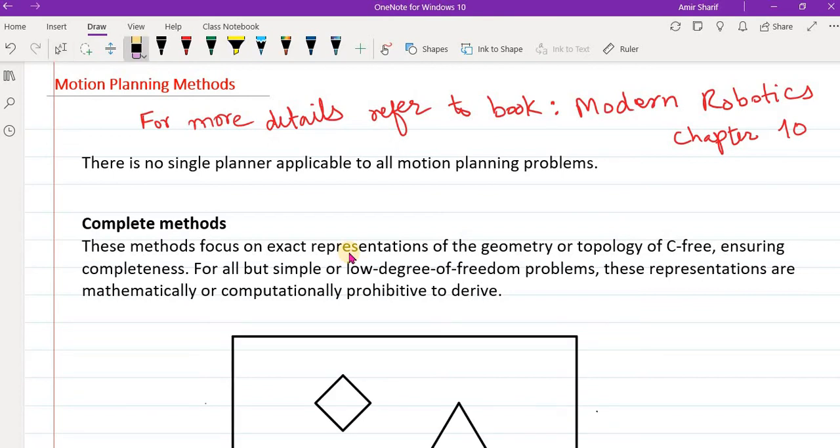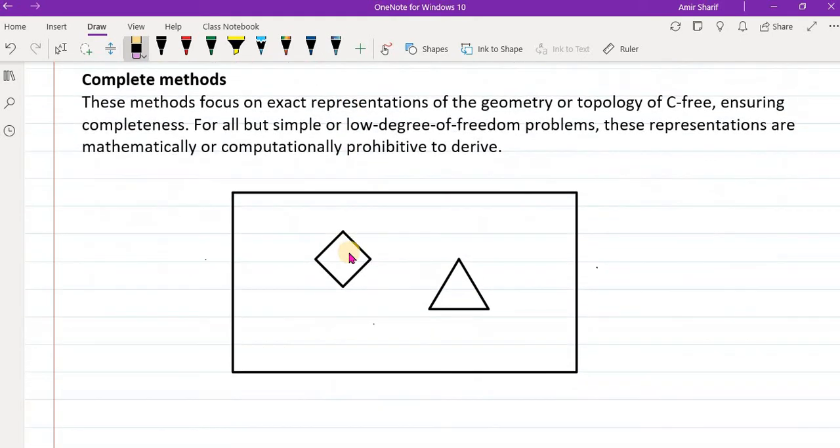Okay, the first method for motion planning we're going to discuss is the complete method. These methods focus on exact representations of the geometry or topology of C-space, ensuring completeness. So how it works is that this is, let's say, our C-space, and we have two obstacles here.